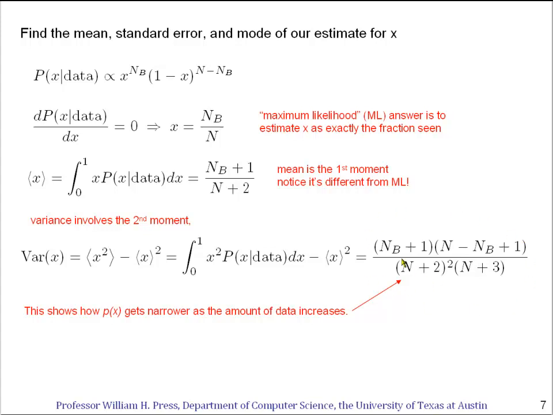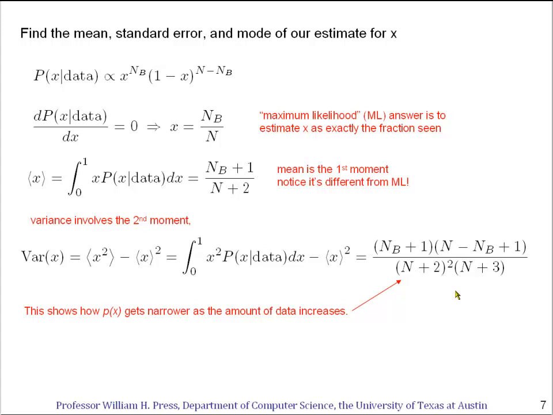Notice that if we do a very large number of trials so that capital N becomes very large and capital NB, the number of B's, also becomes very large, then there are 2 powers of those N or NB's in the numerator, but there's 3 powers of them in the denominator here. So that as N becomes large, the variance gets smaller and smaller.